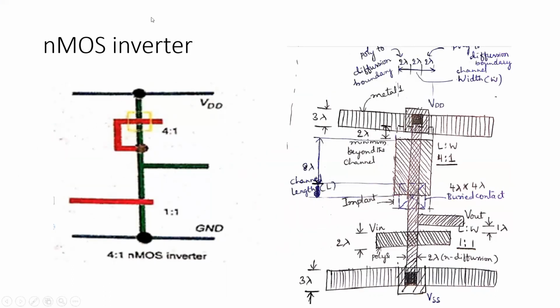On the right hand side, you can see the layout construction for the NMOS inverter. The first thing we need to know is the representation in terms of layout construction for metal, polysilicon, diffusion, contact cut, as well as implant. First, as we saw in the stick diagram, we need to have VDD and VSS rails.